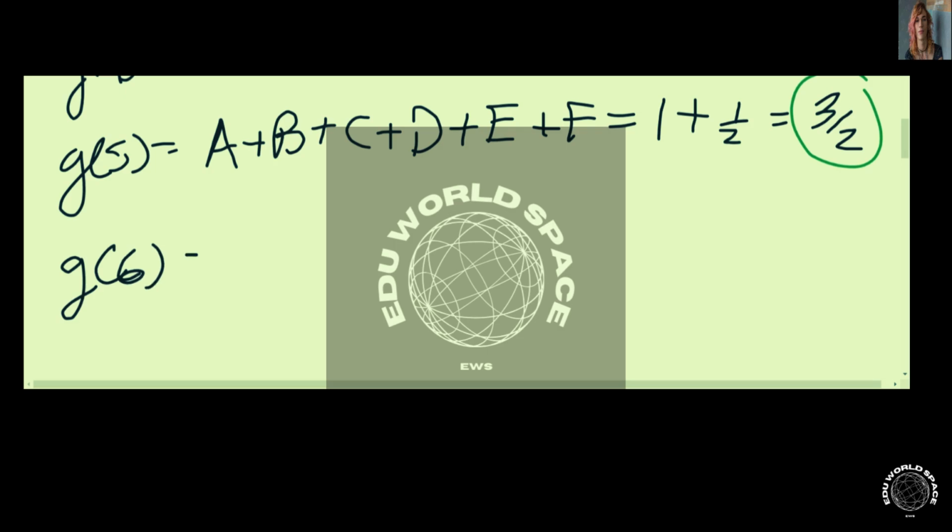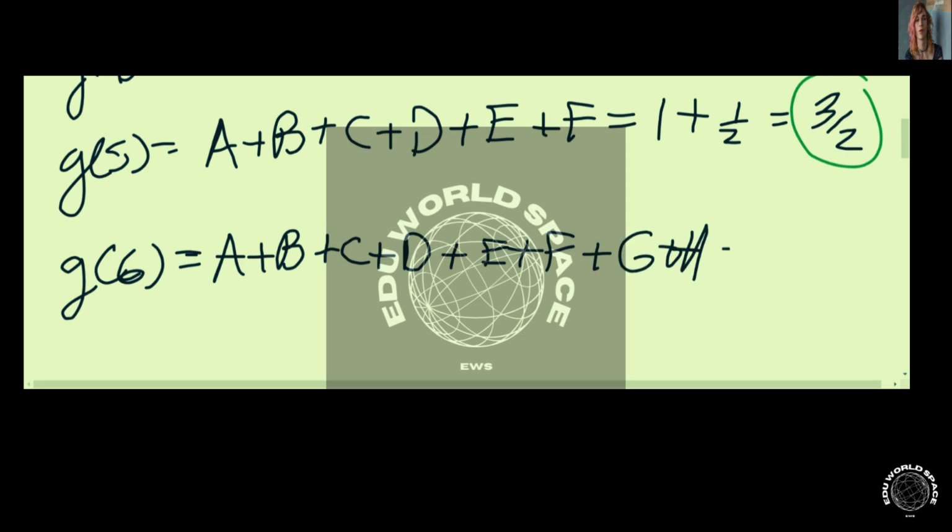And finally, g of 6 is the areas A plus B plus C plus D plus E plus F plus the last two areas G and H. And so this is going to be 3/2 plus the area of G, which again, G is a rectangle, so this is base times height, which is 2, plus another 1/2, and this is 4.